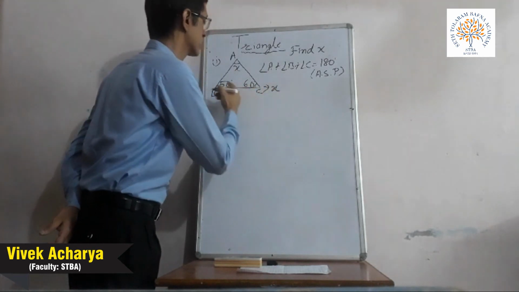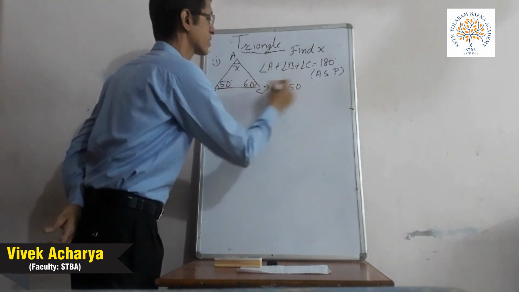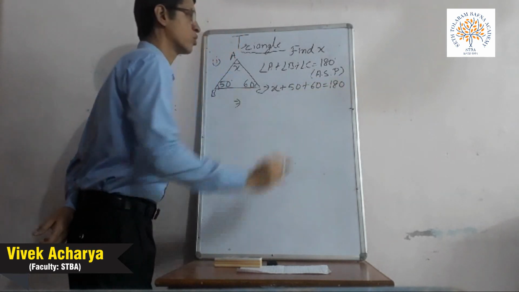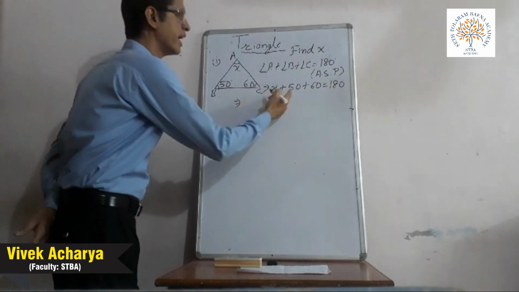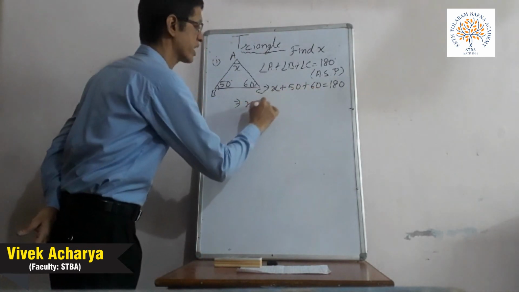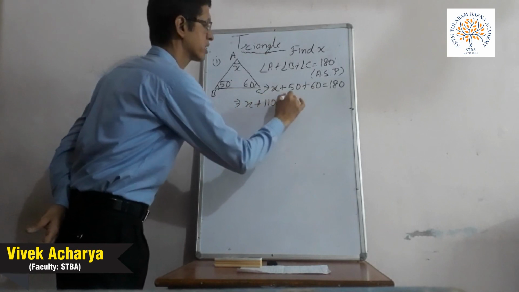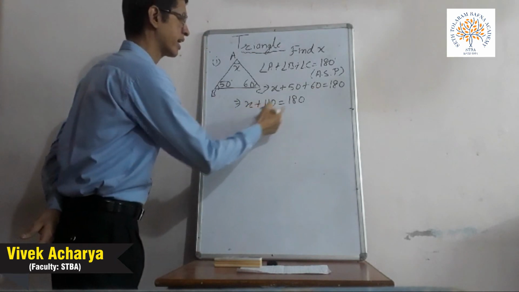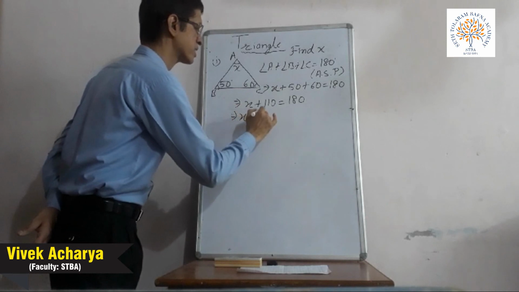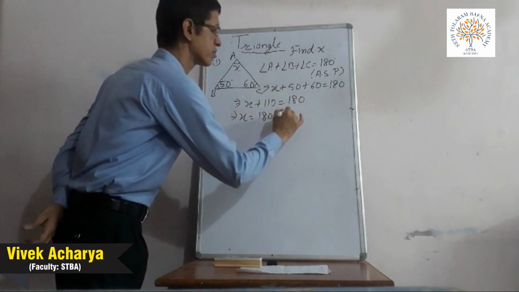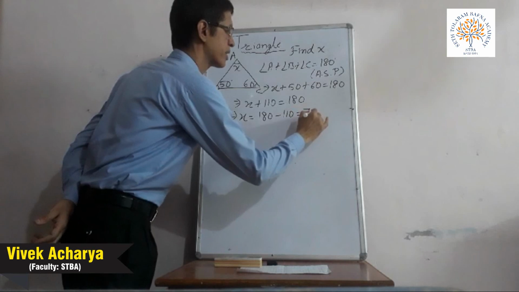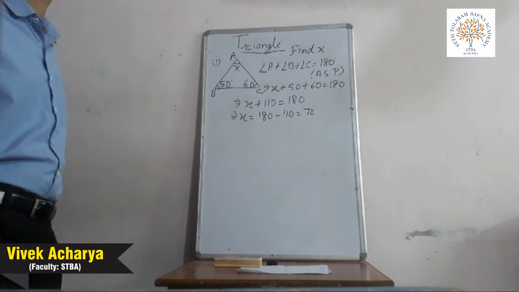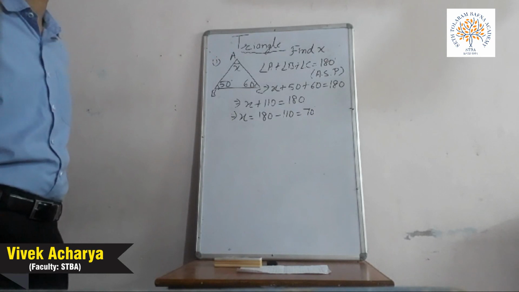Angle A is x, angle B is 50, angle C is 60, and the total equals 180 degrees. Adding 50 and 60, we get x plus 110 equals 180. Now transferring 110 to this side, x equals 180 minus 110. Subtracting, we get x equals 70 degrees. So by using the angle sum property we get x.